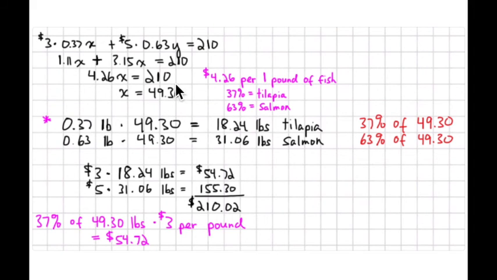And then you can figure out how many pounds you're going to purchase, and you know what that percentage split's going to be. So you just multiply by that fraction, by that hundredths value.